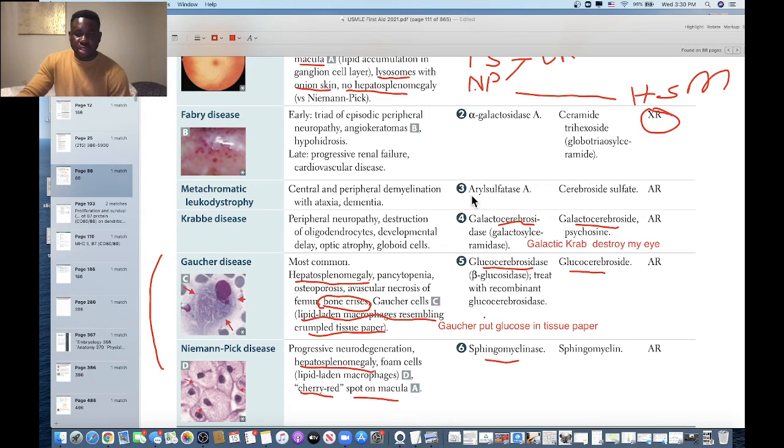Now, how do we remember this? Leukodystrophy. So I know that leuko is white, right? The mnemonic for this, I took it from B&B: Aryls are white people.